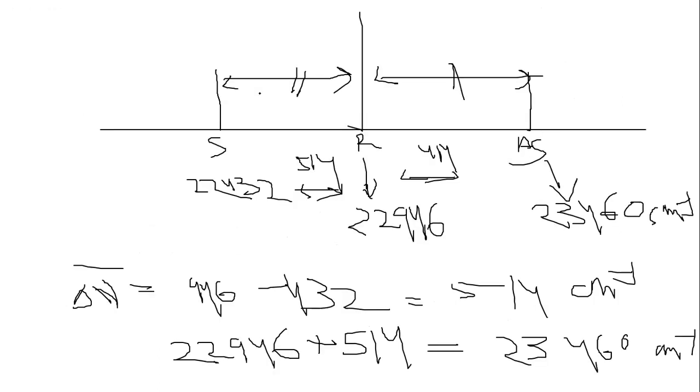So the separation between them is 514 centimeter inverse. When again we add 514 to the existing value of 22946, it will be 23460 centimeter inverse. So the wave number of anti-Stokes is 23460 centimeter inverse.